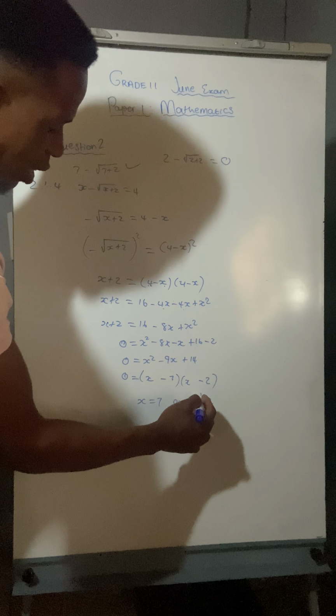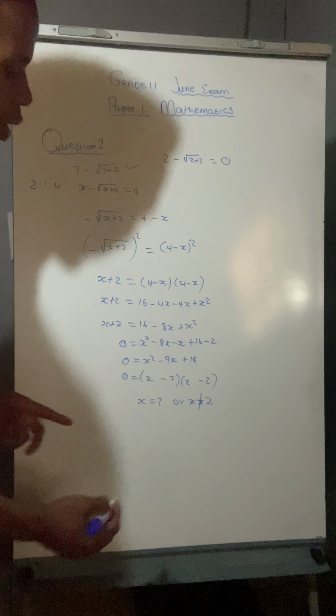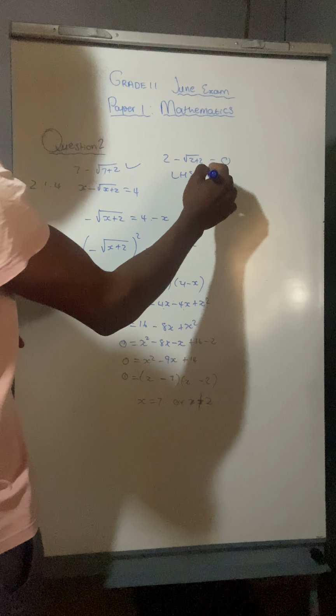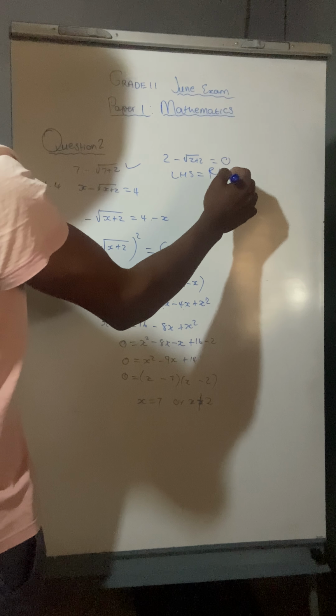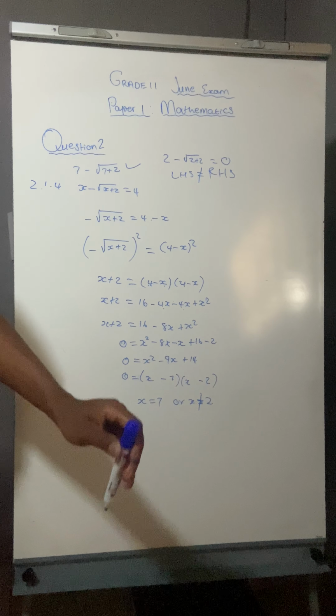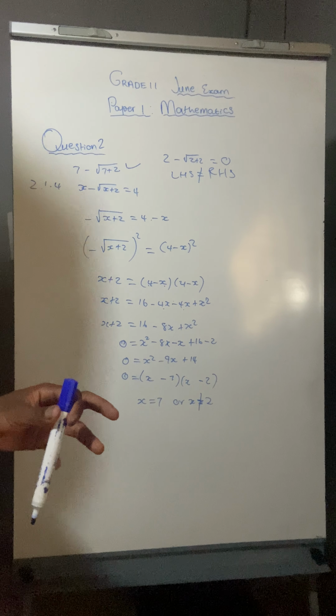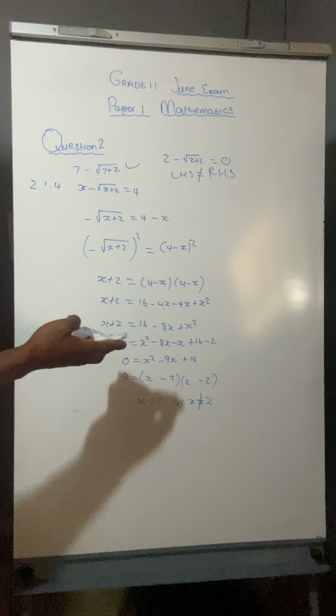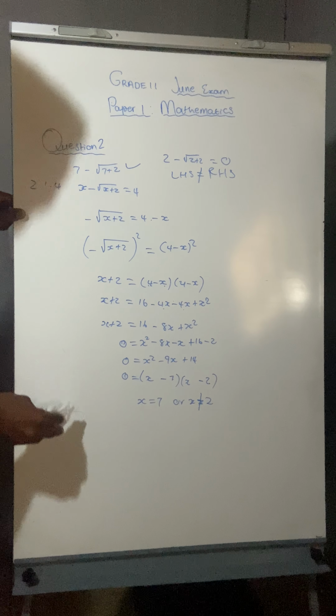So we say x is not equal to 2. Why? Because the left-hand side is not equal to the right-hand side. That is why it is very important to do this check after getting the answers, when you see a square root in the equation you are solving.